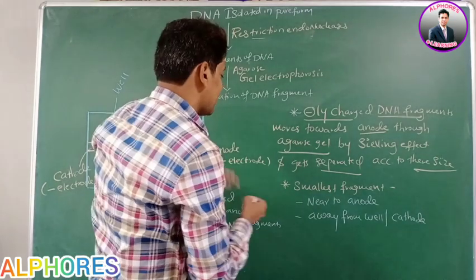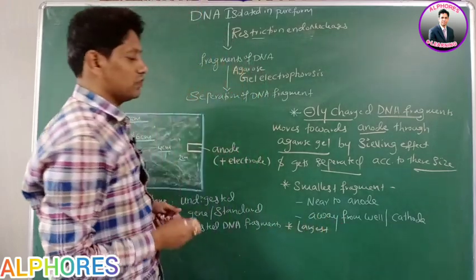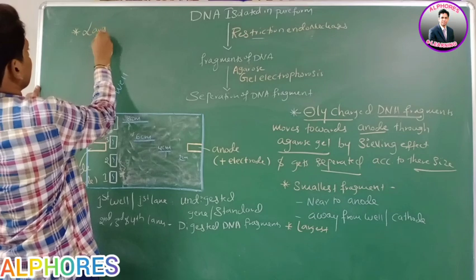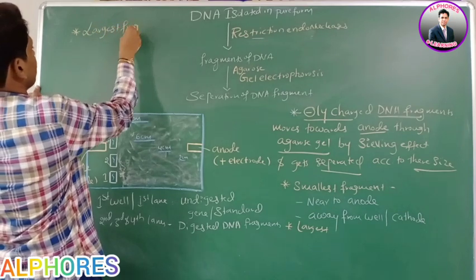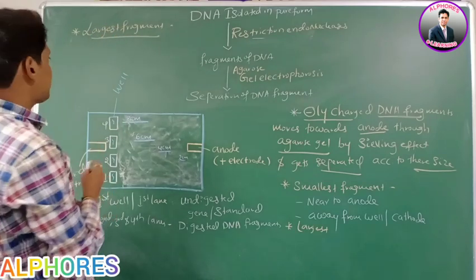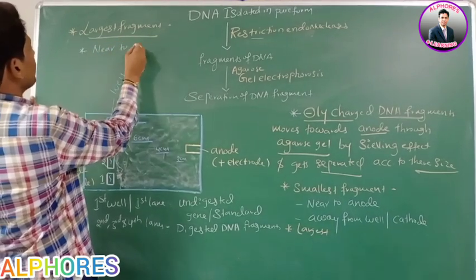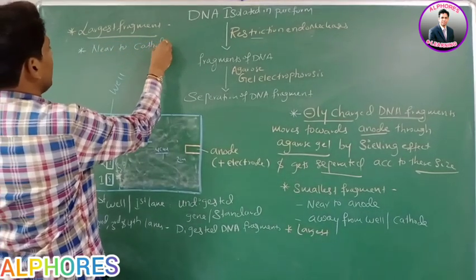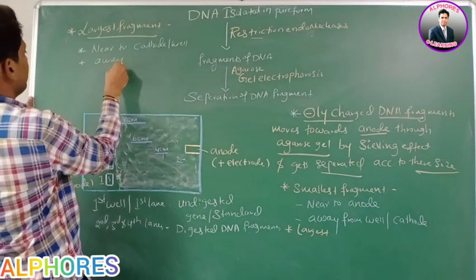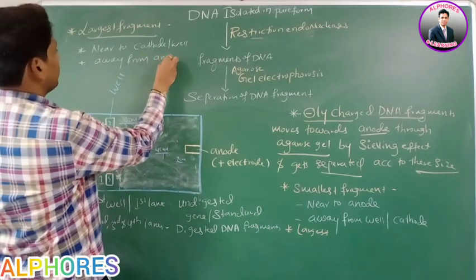Where is the largest fragment? The largest fragment is near to the cathode or near to the well, whereas it is away from the anode.